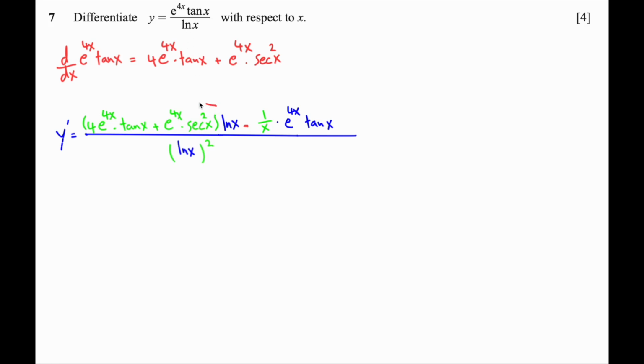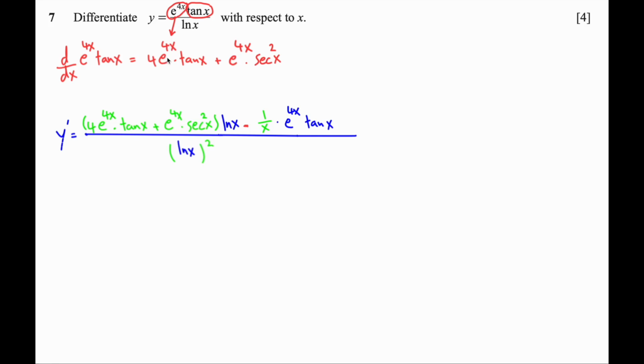Now over here, this might be the tricky part where students might struggle, because when you want to take the derivative of the numerator, you have to use the product rule as well as the chain rule. The product rule, in the sense that this is e to the power of 4x, that's one function, and this is another function, tan x. If you take the derivative of e to the power of 4x, you get e to the power of 4x.